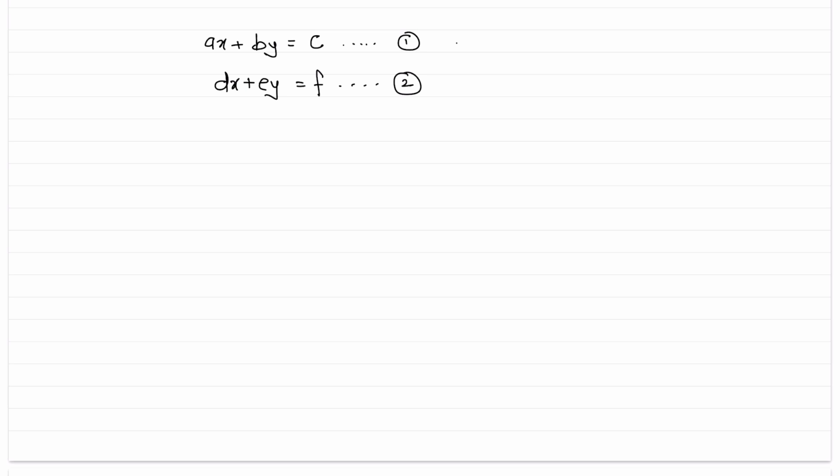Can we write equation number 1 in matrix form? Left hand side, can we write like this?